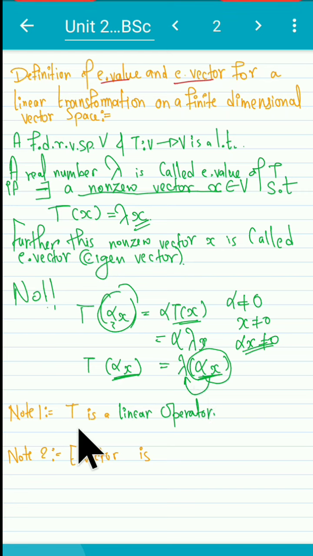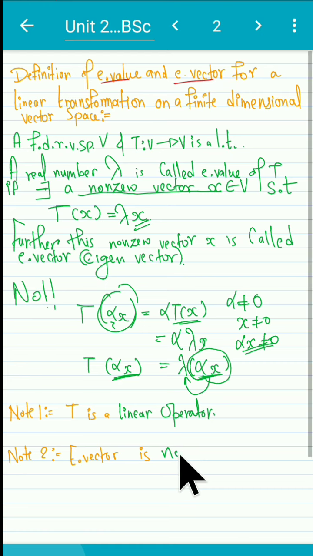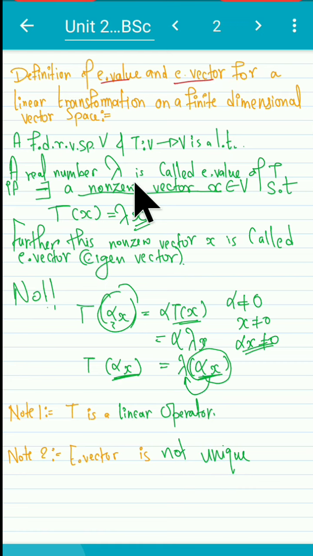Hence my eigenvector is not unique. For a corresponding eigenvalue lambda, there will exist infinitely many eigenvectors, since I can multiply by any non-zero scalar and again get a new eigenvector. It might also be possible to get two distinct linearly independent eigenvectors for the same eigenvalue lambda. These things we will learn in the future, but for now I think the definition is clear.